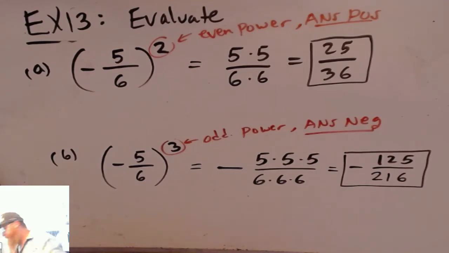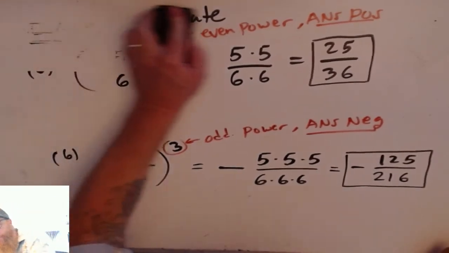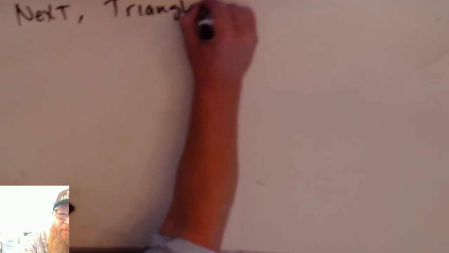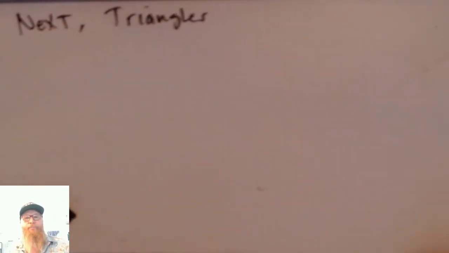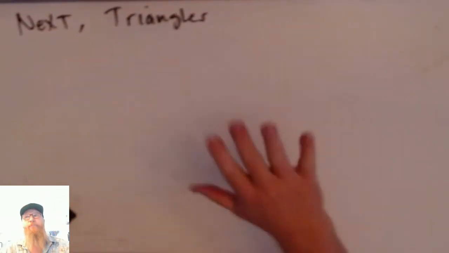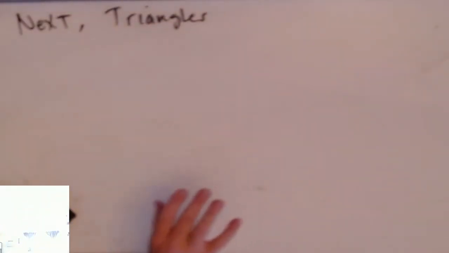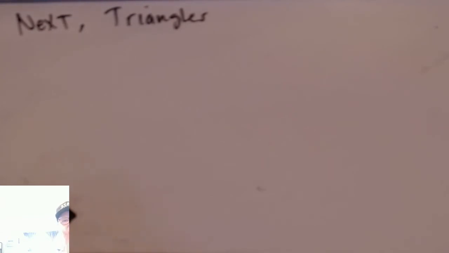Okay. Next example. Geometry. So triangles. We've already talked about rectangles and parallelograms.